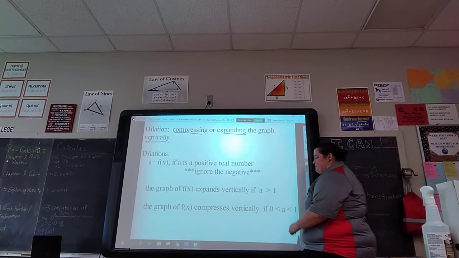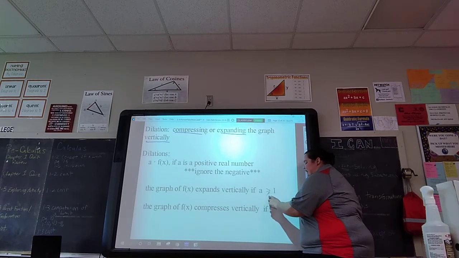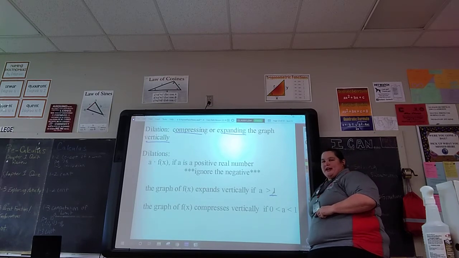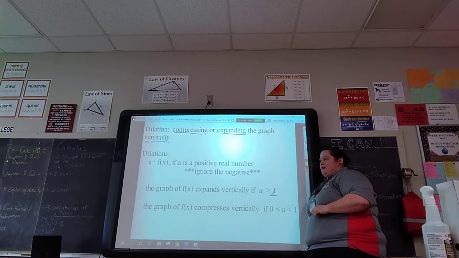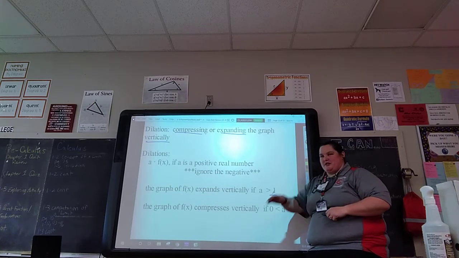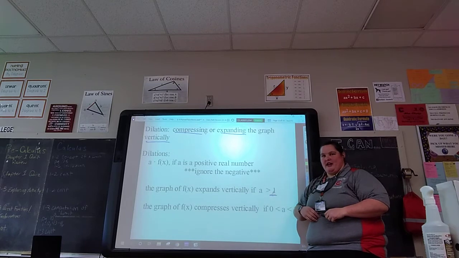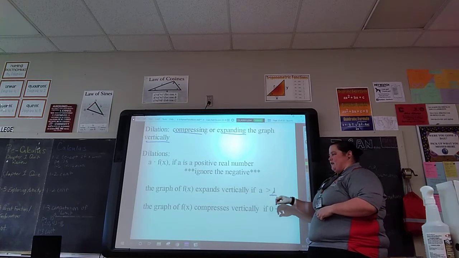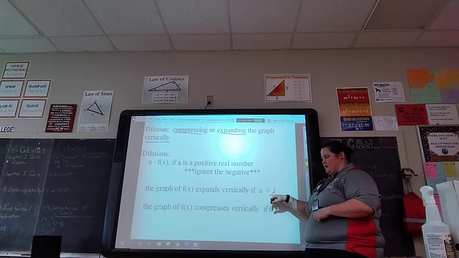Now with this one, notice we're comparing it to 1, and the reason is that A is being multiplied to your function. Yesterday with our exploration, if we made it 0, it just made it a horizontal line, okay? Because if you multiply anything by 0, it's going to get rid of it. So that's why with dilation, what we're doing is comparing it to 1.